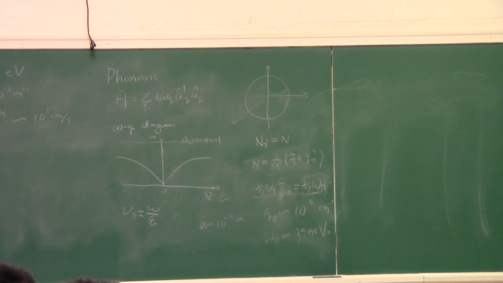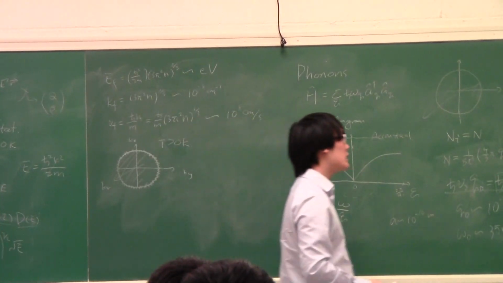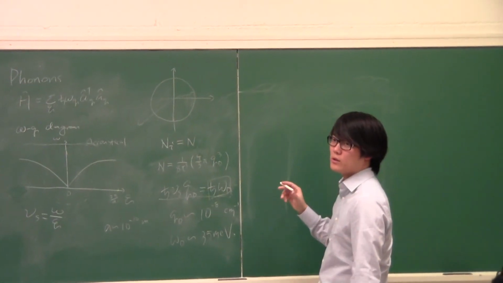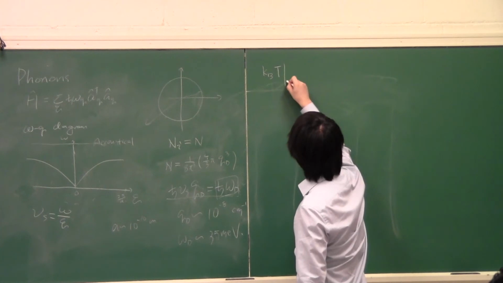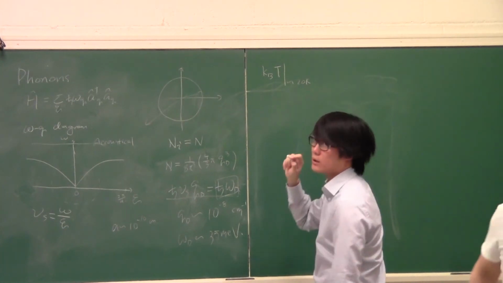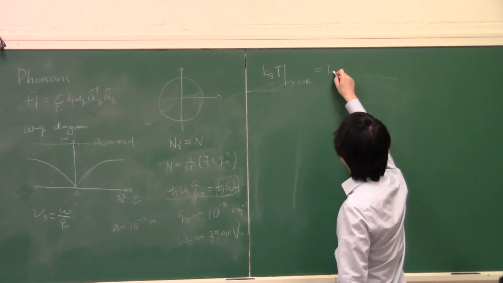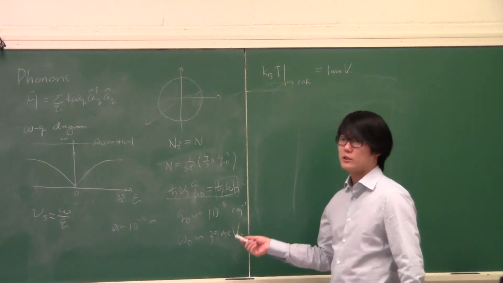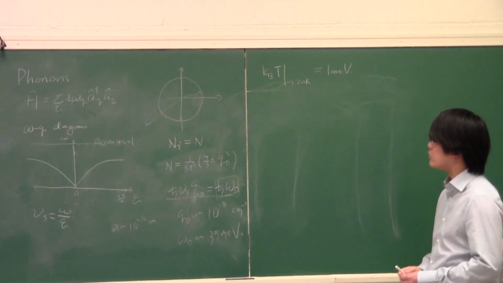But the fuzziness is not going to be dominated by temperature, okay? Because as I said before, the highest temperature of the classical superconductors is about 20 Kelvin. So k_B T at about 20 Kelvin, okay? This is roughly only 1 millielectron volt. So we see that the phonon is much more energetic than the average thermal energy.